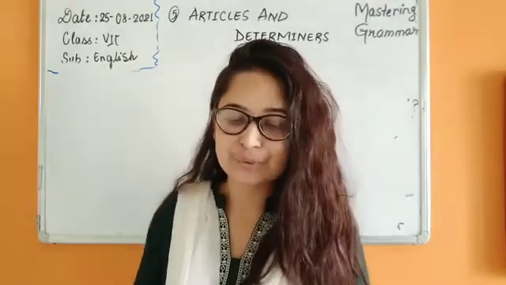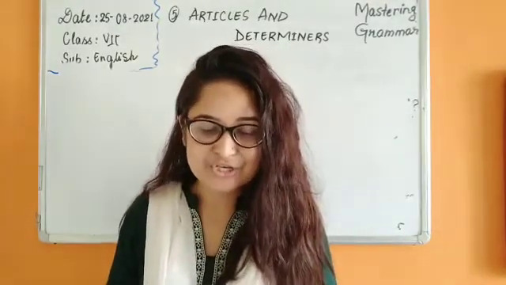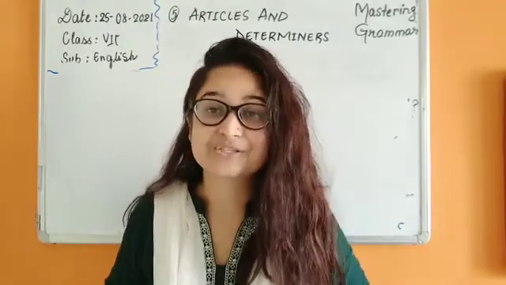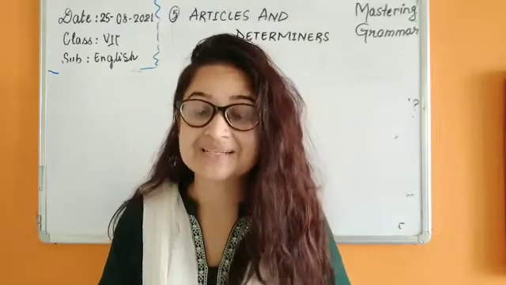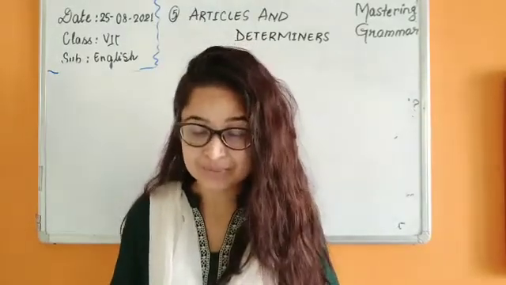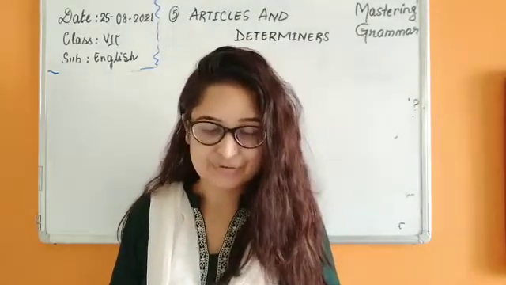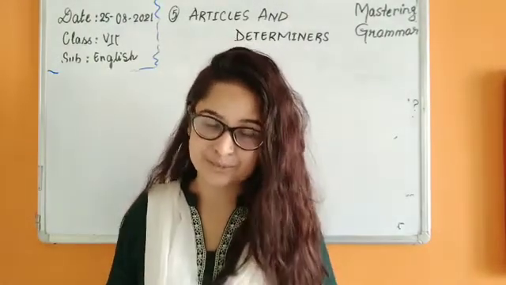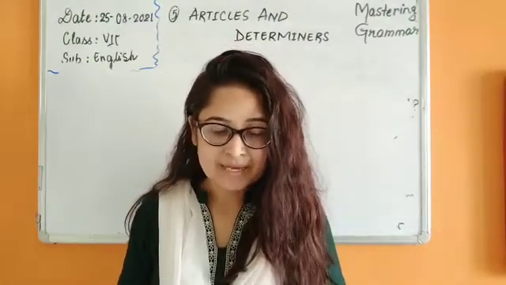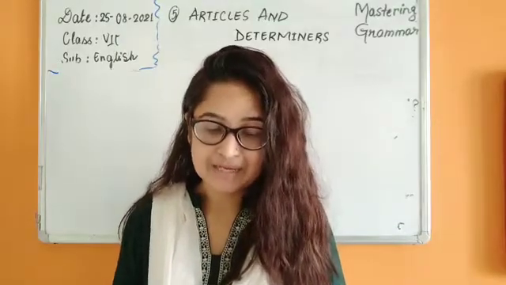Now read the following group of words. Spacious room. The word spacious describes the room, and it is not actually referring to the room, so it is an adjective. The word that does not describe the noun but specifies the room, that points to a particular room, is a determiner.